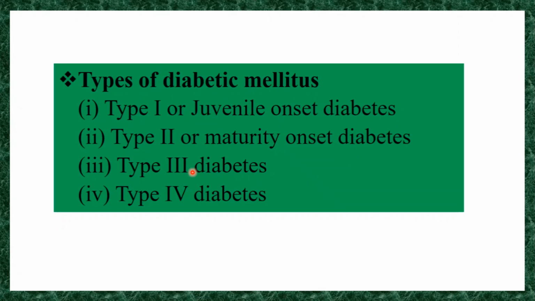It is caused by indirect factors such as abnormality in the insulin receptor, pancreatic disease, and hormonal imbalance. So type 3 diabetes is caused by indirect factors such as abnormality in the insulin receptor, pancreatic disease, and hormonal imbalance.